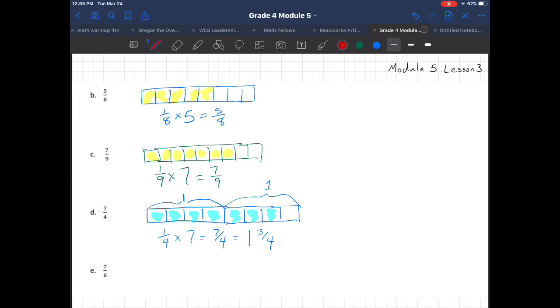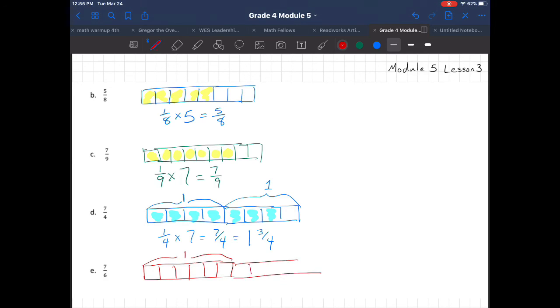Last one, 7/6. 1, 2, 3, 4, 5, 6. I'm shading how many? Oh, I need another one because I'm shading 7 of the 6. So I'm going to go ahead and, this is 1. 6/6 is 1.